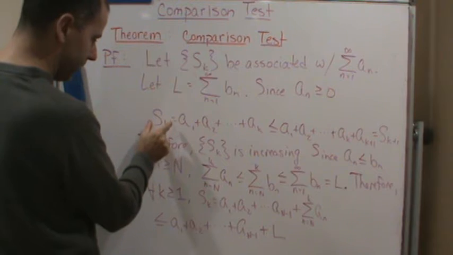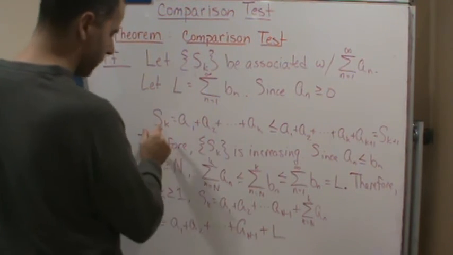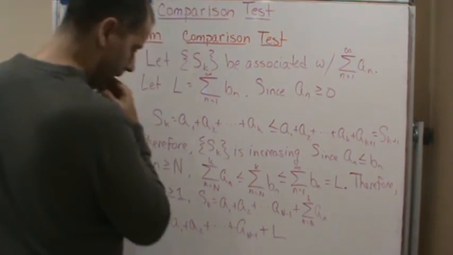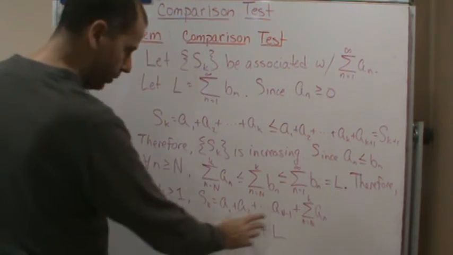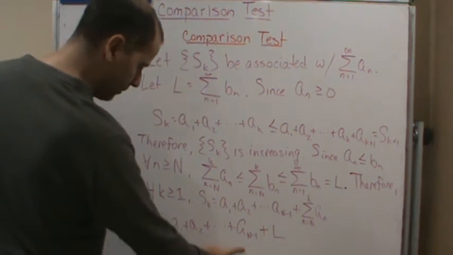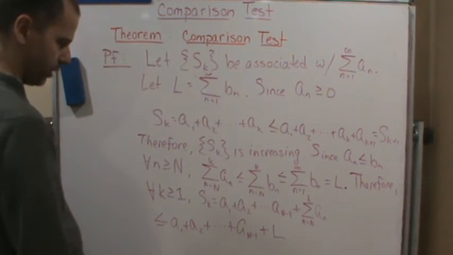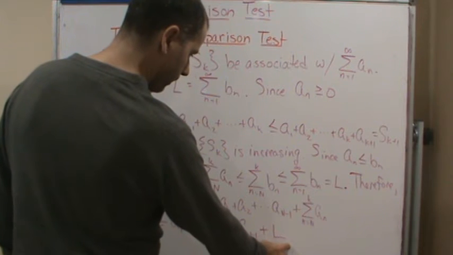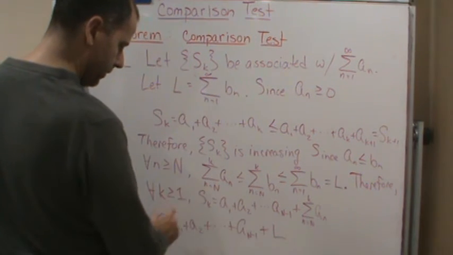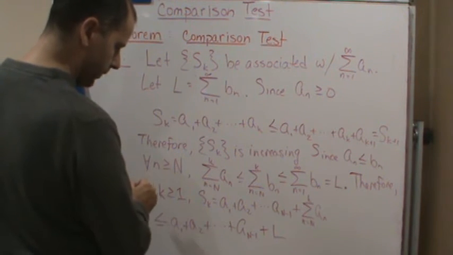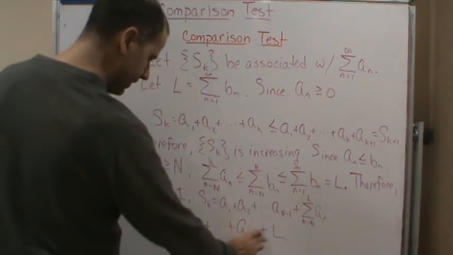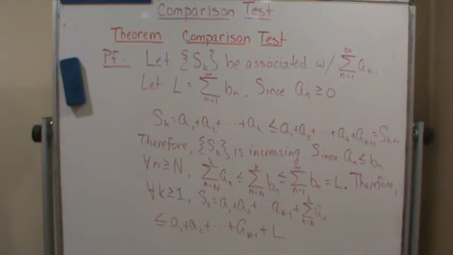So basically I'm rewriting s of k as this. But this is also less than this first, I'm just writing the first n minus 1 terms plus L, right? That's going to be true if this is true. So I know this sum is less than this sum, okay?